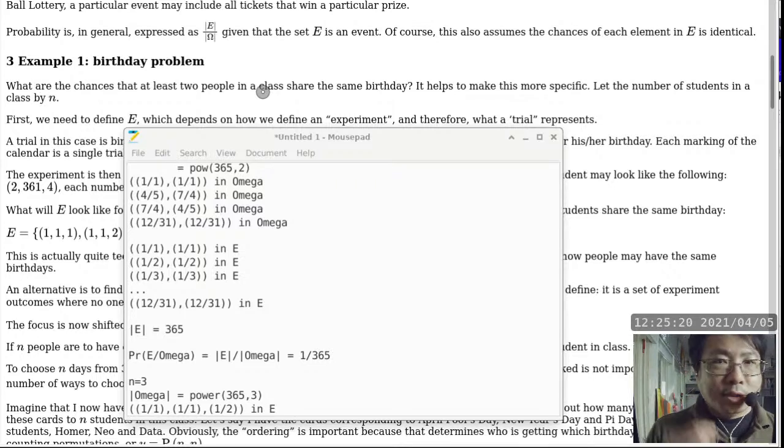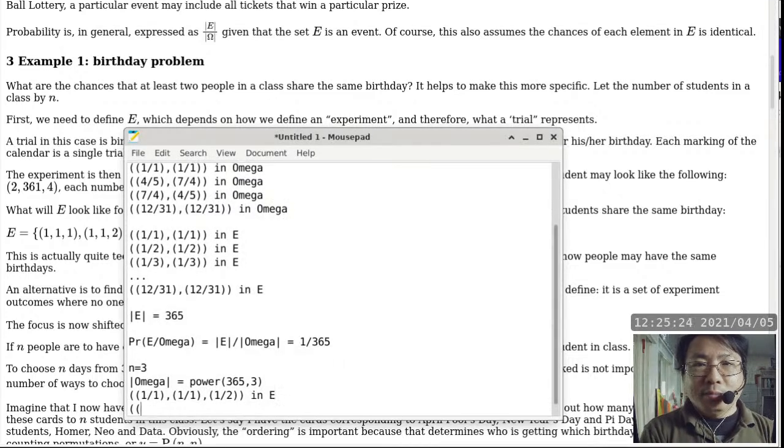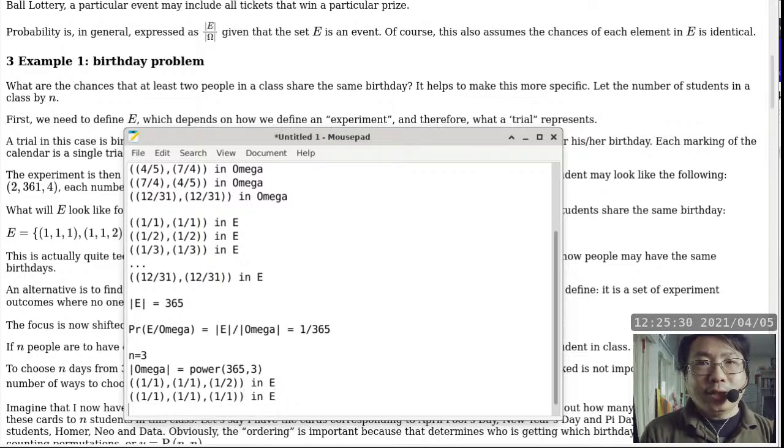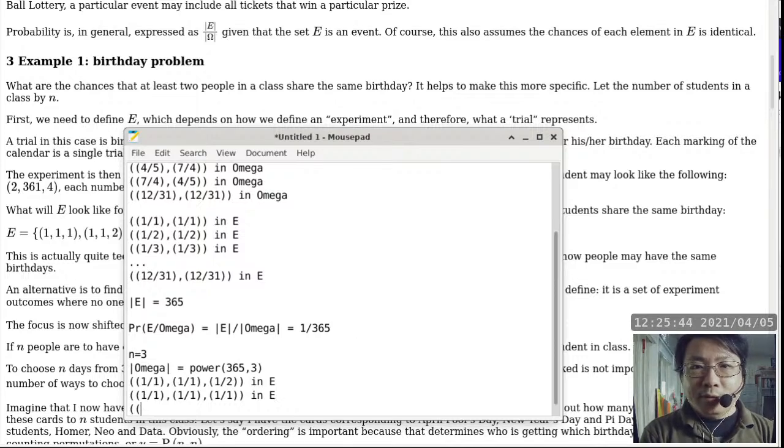So it gets a little bit tricky because 1 1 1 is also in E, because we said at least 2, which means 3 is fine too. Having everyone in a class of 3 share the same birthday is actually considered a part of the event set. Then we also have all the quote unquote permutations, right?